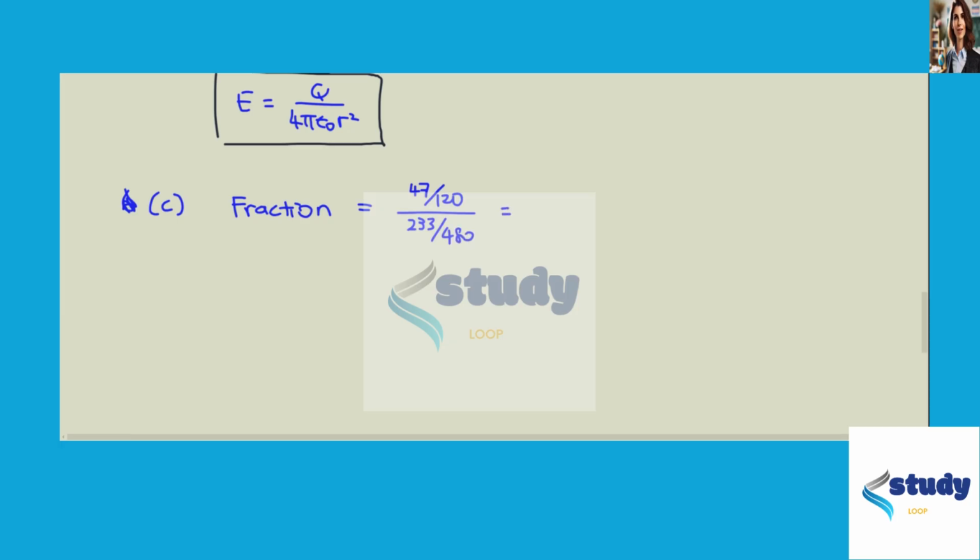Okay, so you get 188 divided by 233. This is equal to 0.807. So how do I get this answer? It's actually from part A.